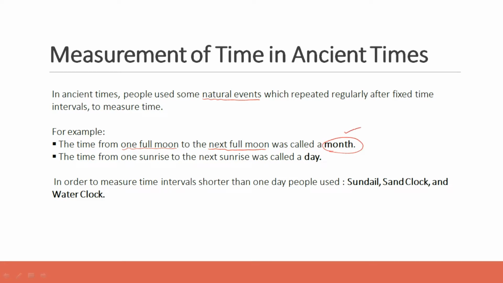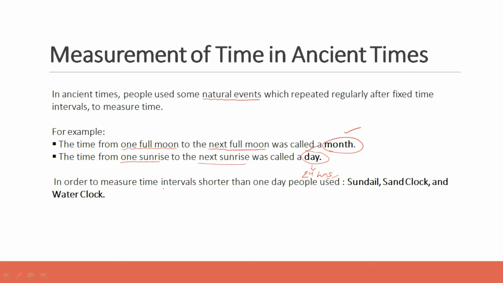So this is one way in which they used to measure the time, or for some smaller measurements they use one sunrise to the next sunrise, and this is the time for a day. Nowadays we know that in a day we have 24 hours, but at that time they do not know that in one day we have 24 hours, or in 1 month how many hours are there.